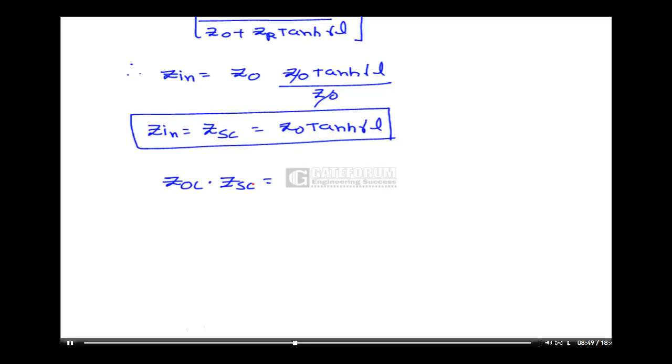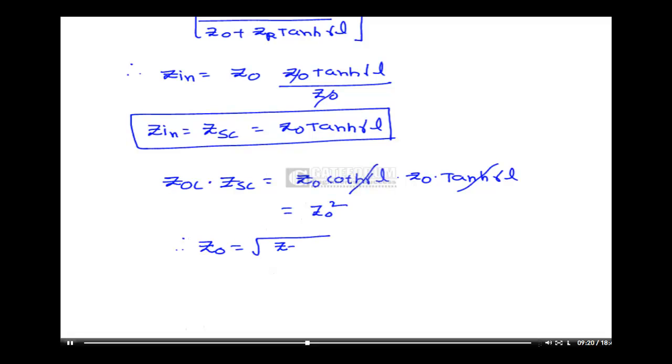ZOC is Z0 coth hyperbolic gamma L, and ZSC is Z0 into tanh hyperbolic gamma L. So coth gamma L and tanh gamma L cancel out, because coth gamma L is nothing but 1 by tanh gamma L. The remaining thing is Z0 square. Therefore, Z0 is equal to the square root of ZSC into ZOC.